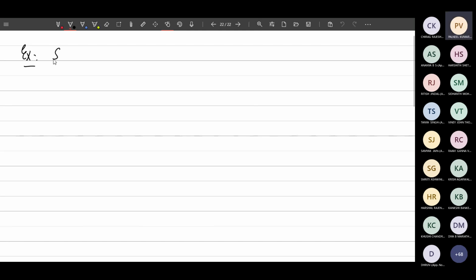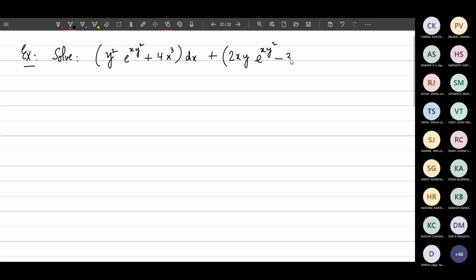Now solve y square e power xy square plus 4x cube dx plus 2xy e power xy square minus 3y square dy equal to 0.